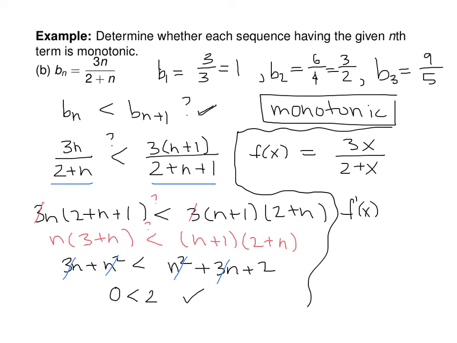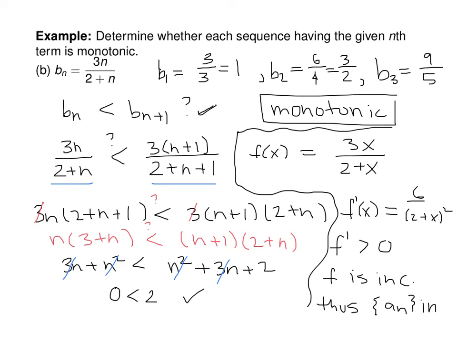If you use your quotient rule, the derivative is equal to 6 over the quantity 2 plus x squared. And since f prime is bigger than 0, no matter what x is, this means your function f is increasing. And so thus, your sequence is also increasing.